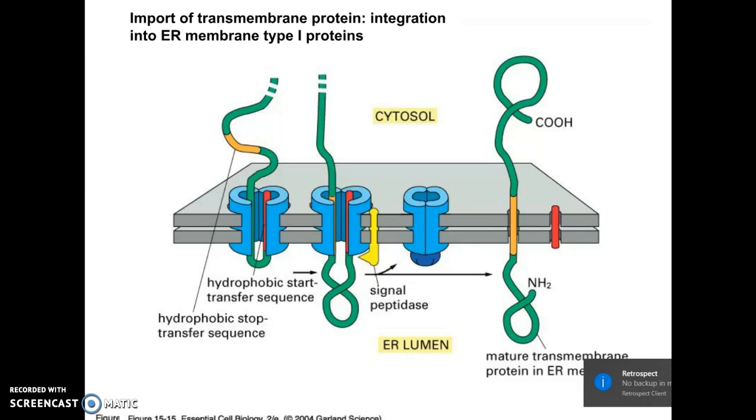Now, not all proteins have this orientation of N-terminus on the inside of the ER and C-terminus on the cytosolic side. And so we would have to have a different sequence of events for single-pass transmembrane proteins that go the other direction.